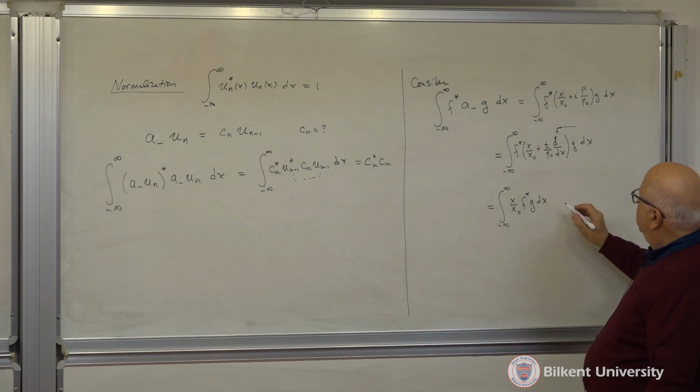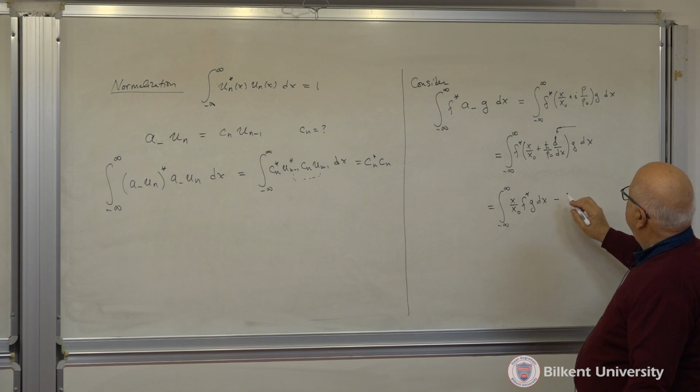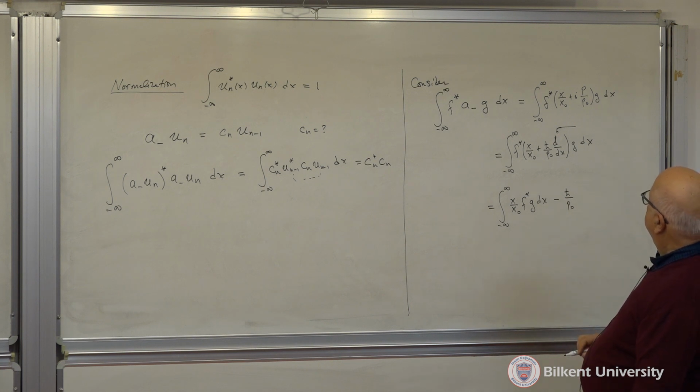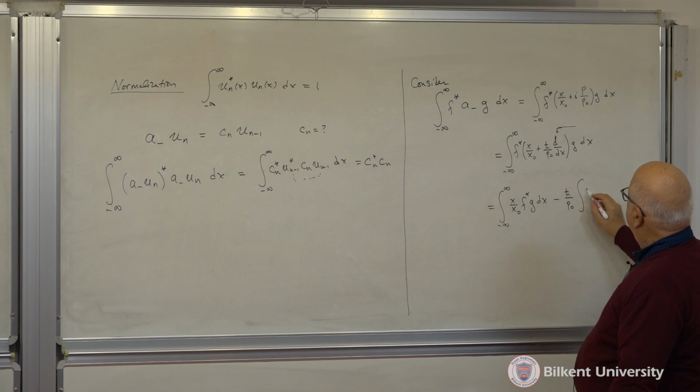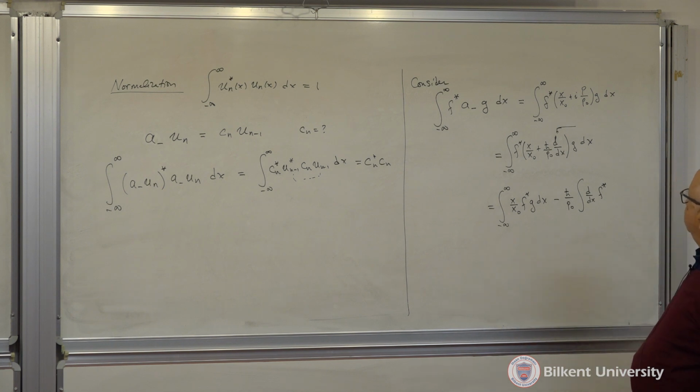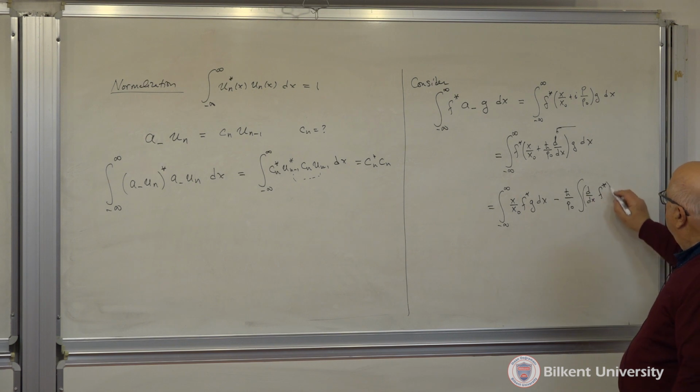But then when I do the integration by parts, I get minus h bar over p0 integral d dx of f star times g dx.